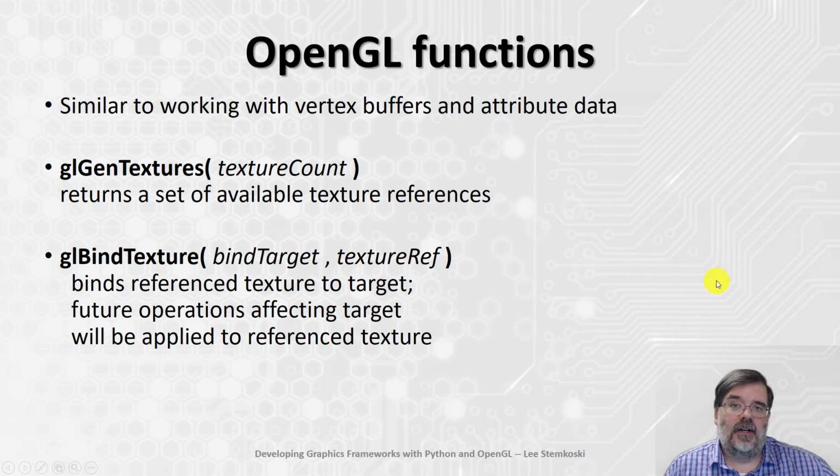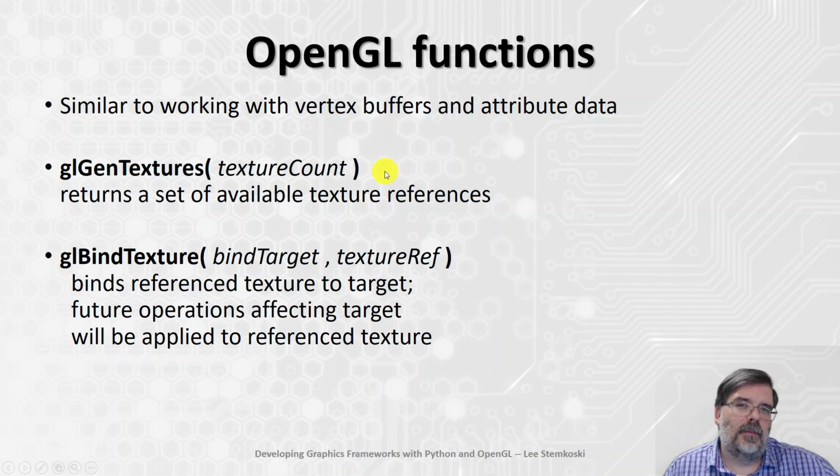First, let's talk about the beginning, which is going to be to create a texture object. Now, hopefully you remember a little bit about the process of adding vertex data to the GPU. You create a vertex buffer, and we work through a series of references when we're working with that data.